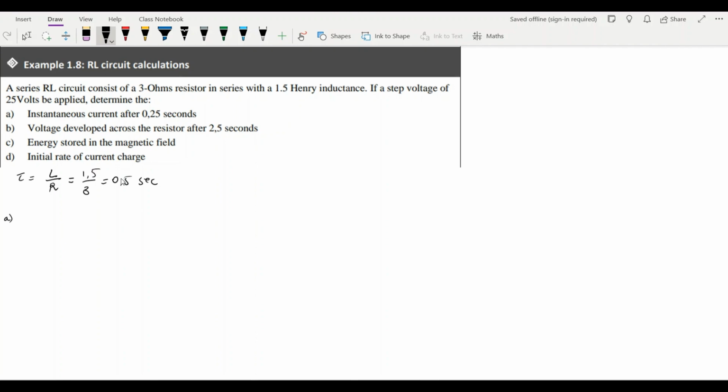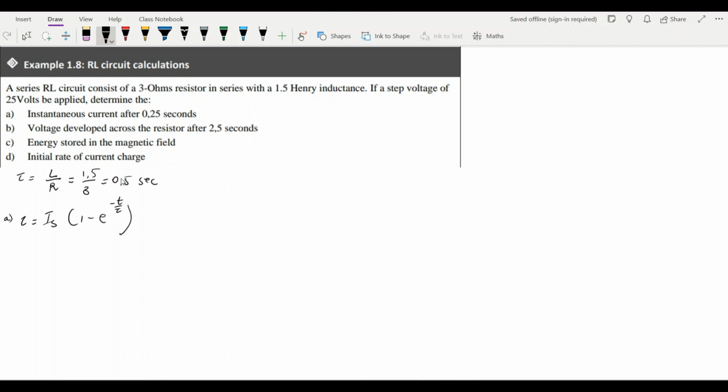They want us to calculate the instantaneous current after 0.25 seconds. The instantaneous current, I, would be given by Is into 1 minus e to the power negative t over time constant. What is the supply voltage in this case?